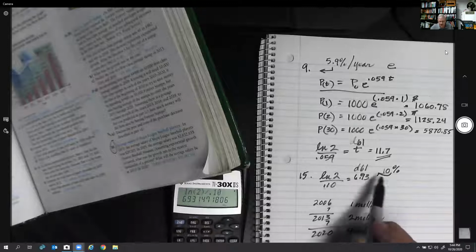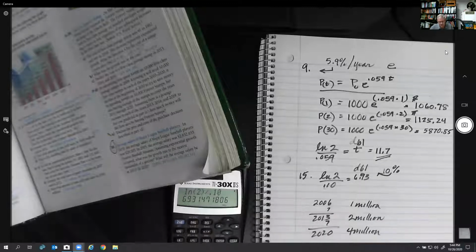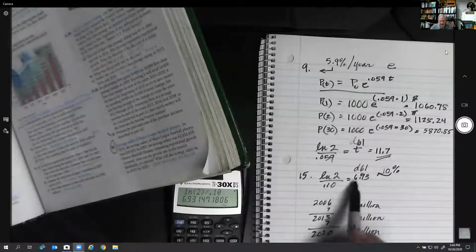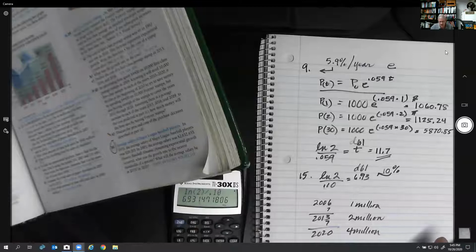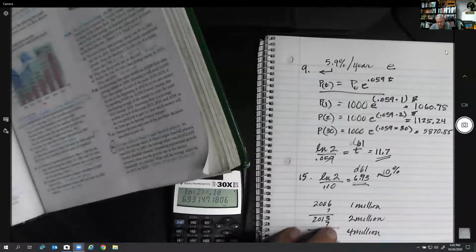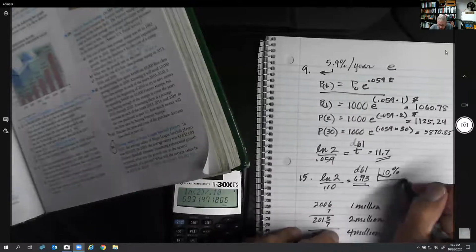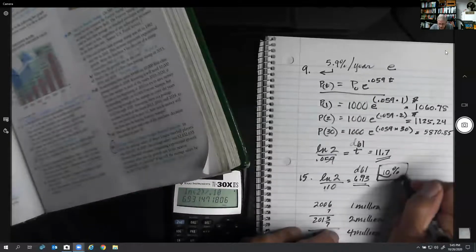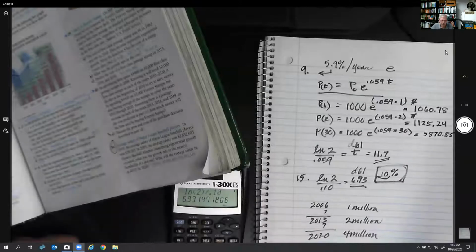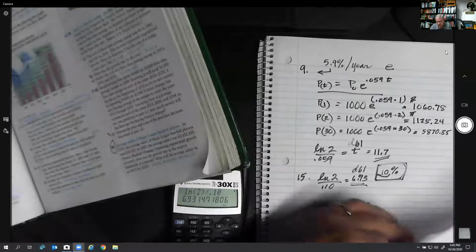Right now it's 6.93, but 7 years later when they evaluate, it may not be growing that fast, or it may be growing faster. So this is an estimate, always remember. The growth rate was 10%, but it might go down. It might only be a 5% growth rate. So we don't know.